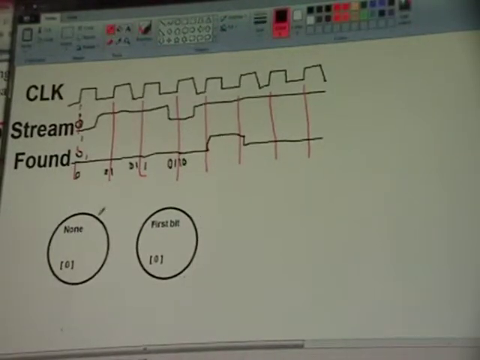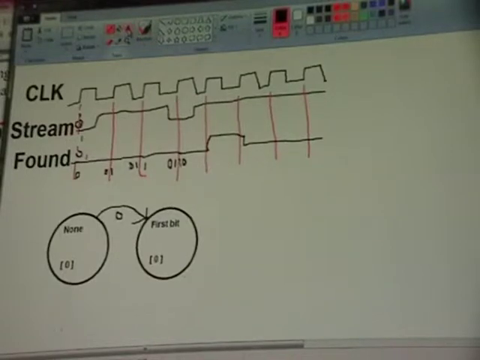And the first bit is a 0. So here's a state where I haven't seen any of the bits. This arrow says that if my input is 0, then I need to go to another state that says I saw the first bit of the pattern.